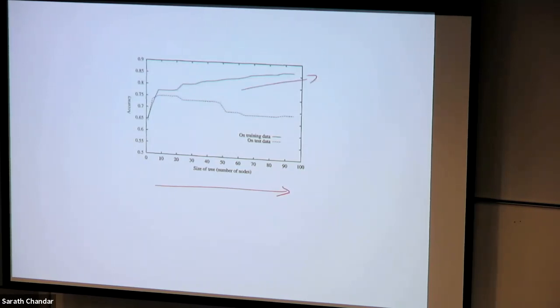However, the test data accuracy starts to decrease. In this case, the tree actually started overfitting even after 20 nodes. So there is no use in growing the tree to the end. As the tree grows deeper, it will start overfitting to the errors and noise.